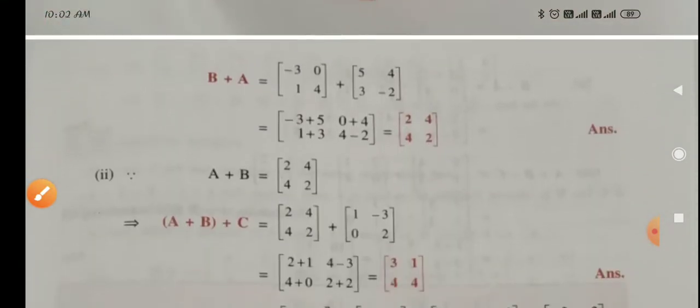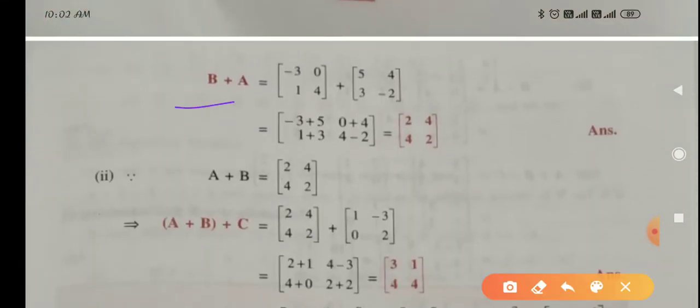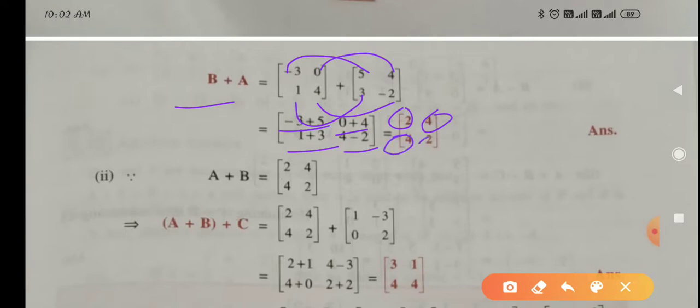Now next, B plus A. Minus 3 plus 5, 0 plus 4, 1 plus 3, 4 minus 2. So minus 3 plus 5 is 2, 0 plus 4 is 4, 1 plus 3 is 4, 4 minus 2 is 2.